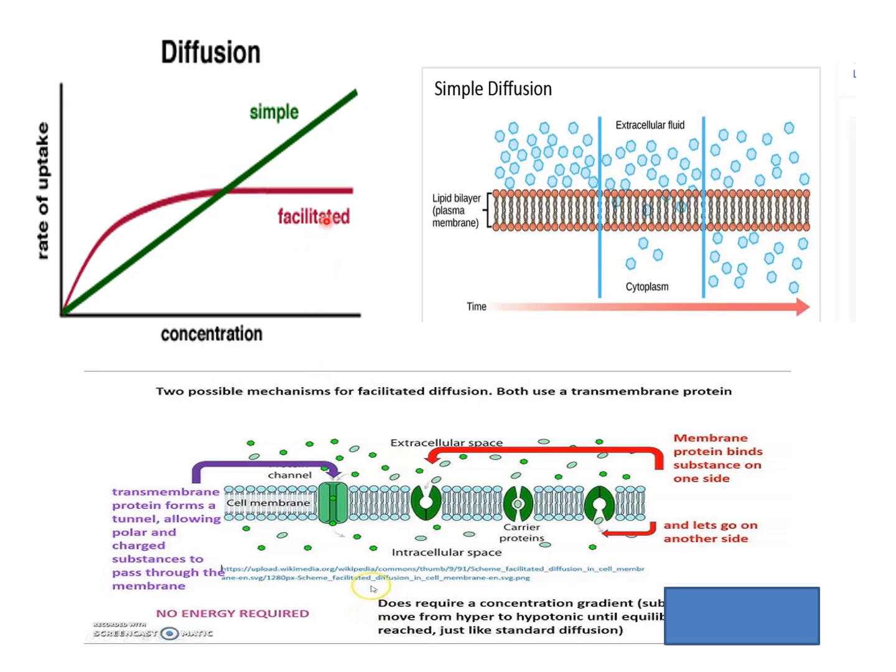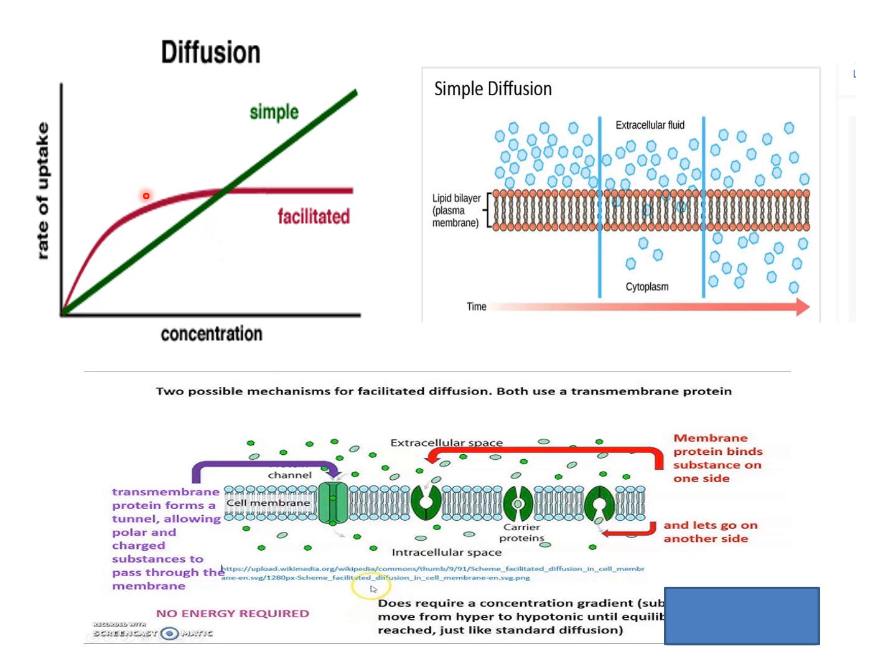In this graph, the concentration is plotted along the x-axis, and along the y-axis the rate of diffusion is plotted. This green straight line represents simple diffusion. As we increase the concentration, there is a simultaneous increase in the rate of diffusion. But in facilitated diffusion, after a certain period there will be a phase of saturation, when all the carrier proteins are saturated and not available.